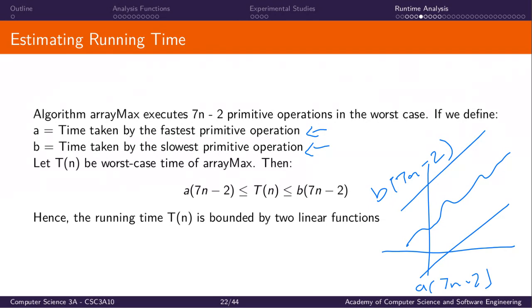Right, and that is useful. That tells us something about its behavior, how its runtime grows as a function of its input. What would happen if A is equal to B? Well, is that possible? Can every operation on a machine take the exact same amount of time? Remember that although we abstract away and we simply think of instructions that we write into a method, there actually is circuitry that is comparing numbers, adding one number to another.